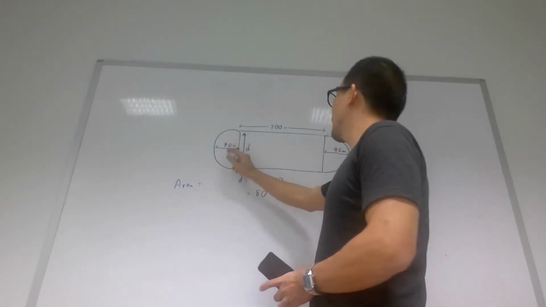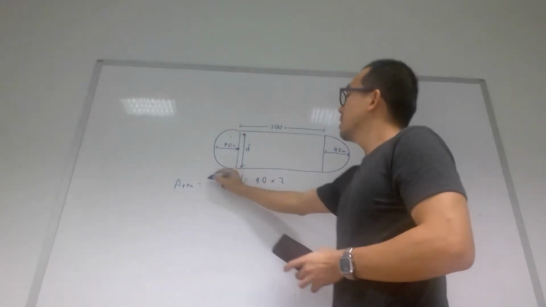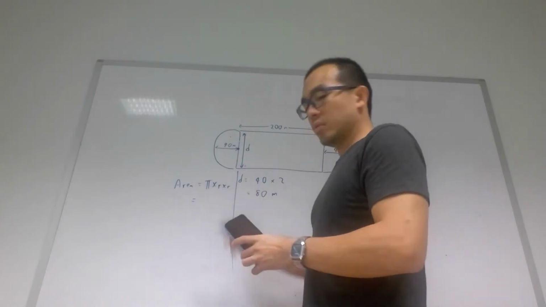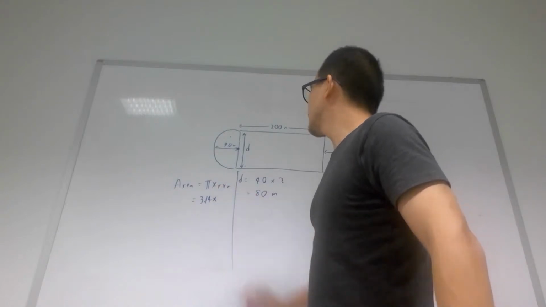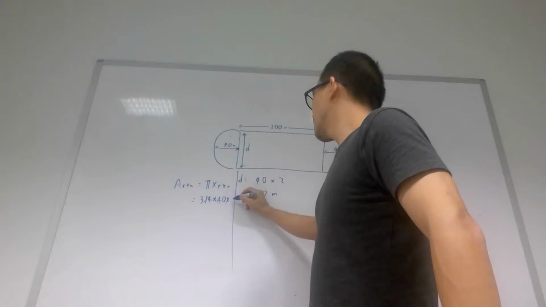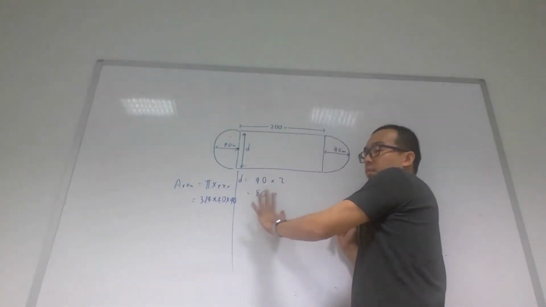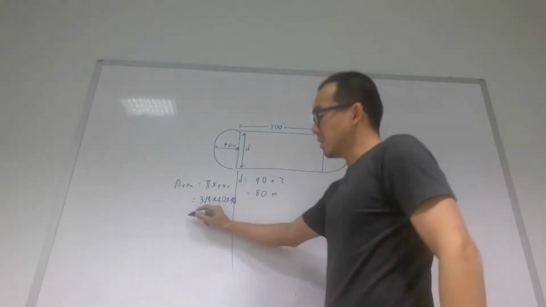So the area of this and this, for example, pi times r squared equals to, what did they say pi was? 3.14 times 40 times 40. Okay, diameter we haven't used yet. This is 3.14 times 40, radius times radius.